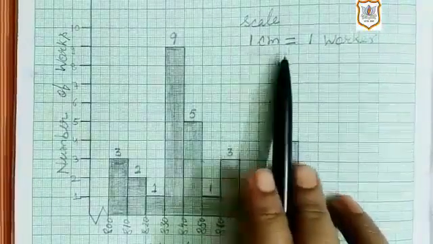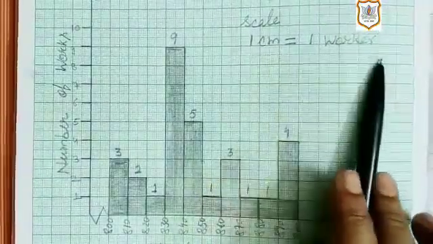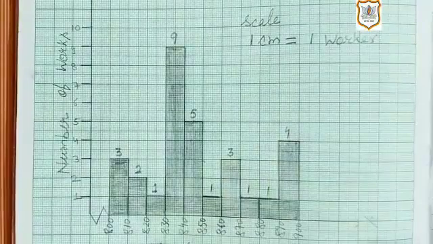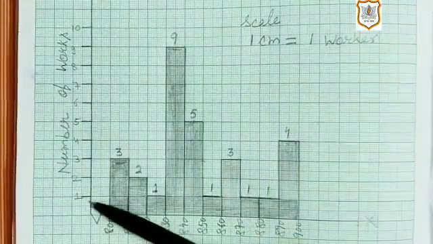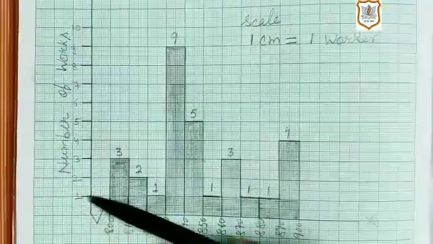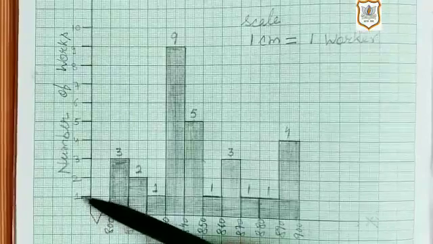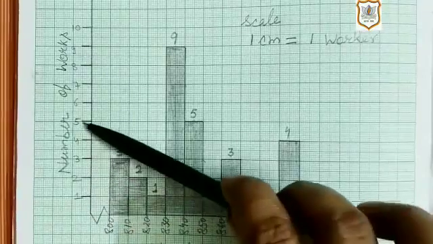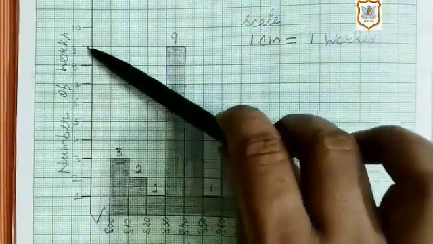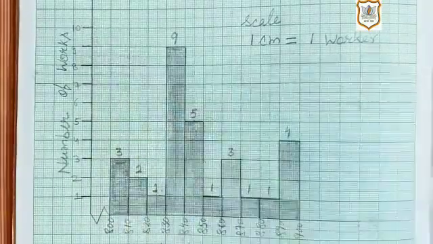I took 1 centimeter equal to 1 worker. So we take 1, 2, 3, 4, 5, 6, 7, 8, 9, 10.